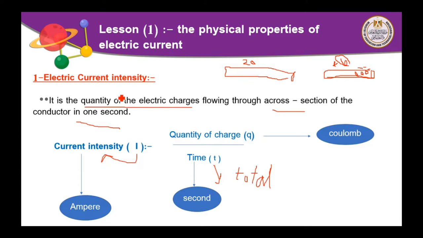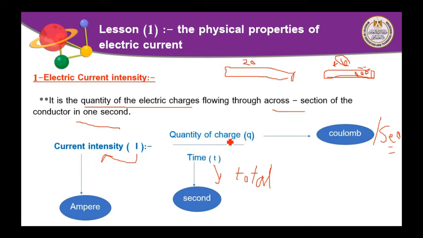One of them is called ampere and the other is called coulomb per second. This means that ampere equals coulomb per second. Yes, electric current intensity has two measuring units: ampere and coulomb per second.